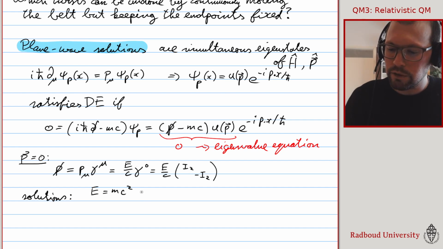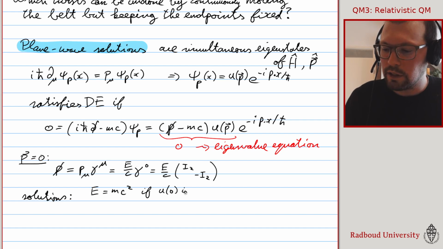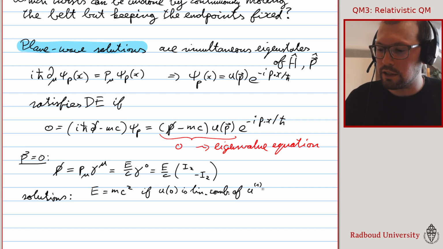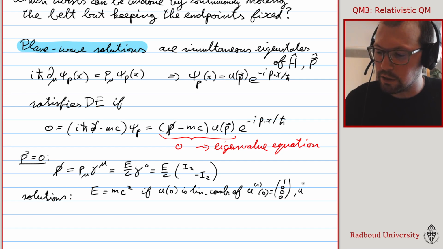So if u of 0 is a linear combination of, let's denote the basis by this index at the top, this one or this one.